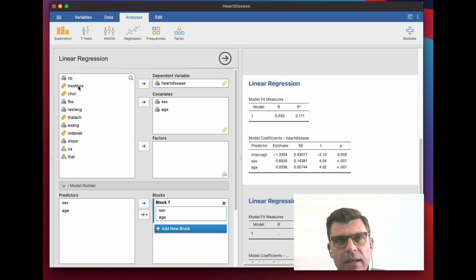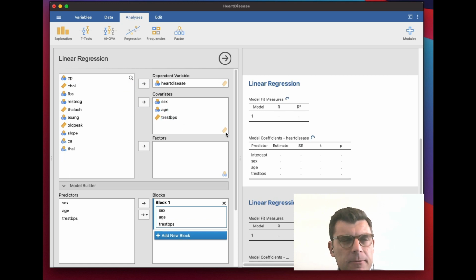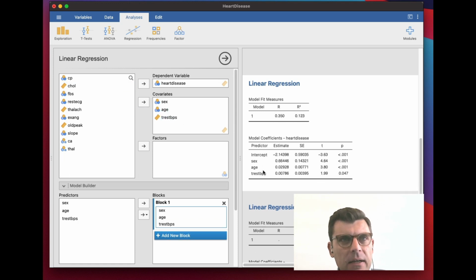So the measure we're going to toss in here is a blood pressure measure at the time people were admitted to the hospital. And yes, it looks like that's associated with heart disease as well, although barely from a statistical significance standpoint.